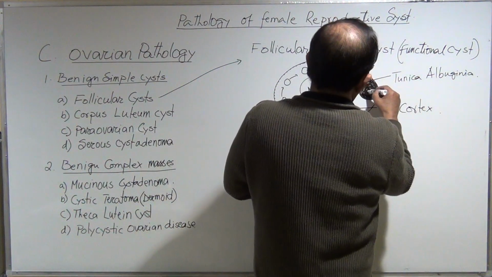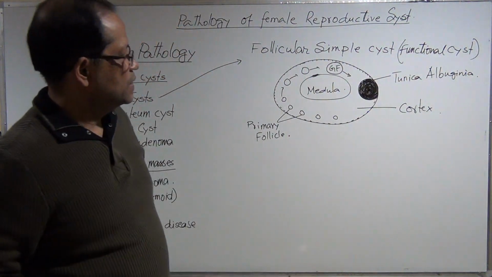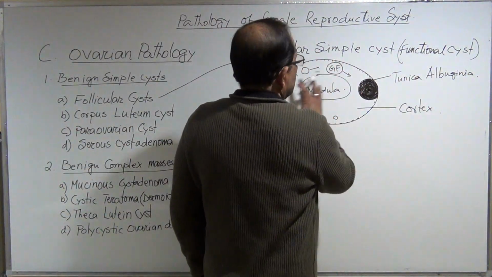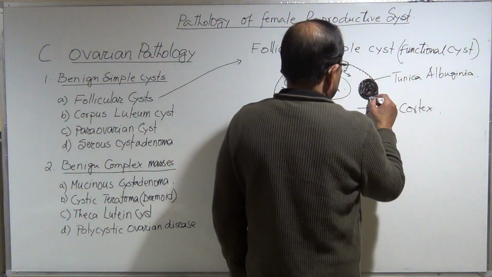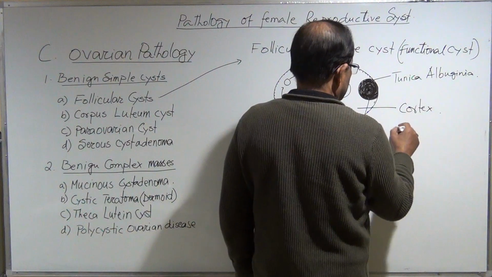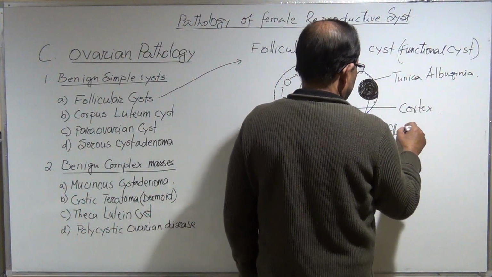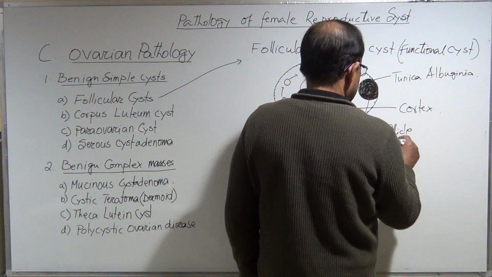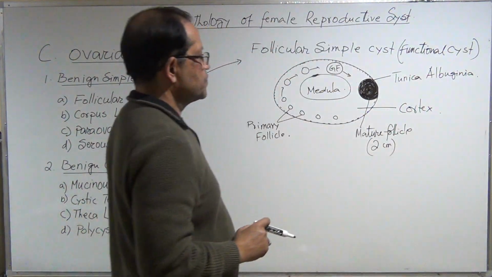And this is ovary, and this is the Graafian follicle or mature follicle. Usually it is 2 centimeter dimensions.